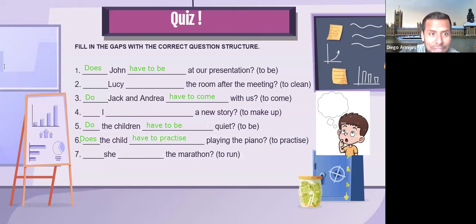As you can see, guys, we need to be very careful. If this word is plural, we need to use the auxiliary do. If this word is singular, we need to use the auxiliary does. Don't forget the pronunciation. Children, child, children, child. Children is for plural and child is for singular.